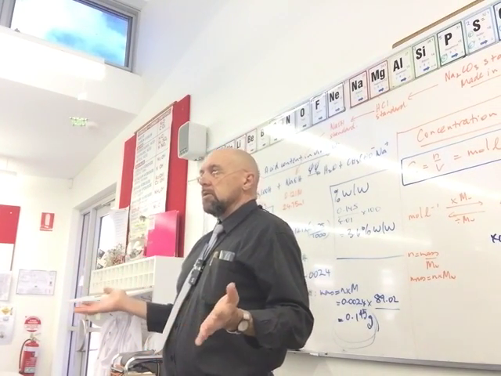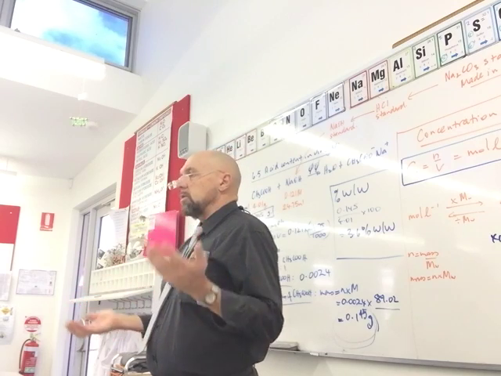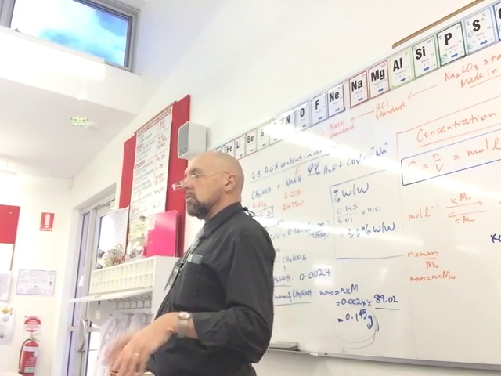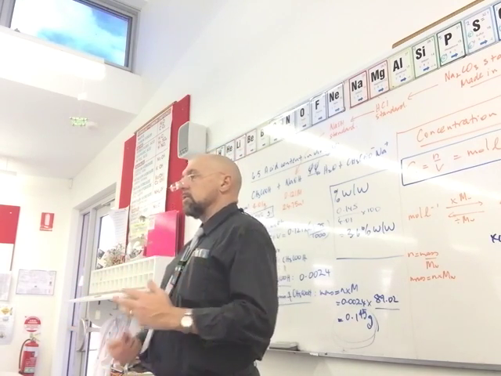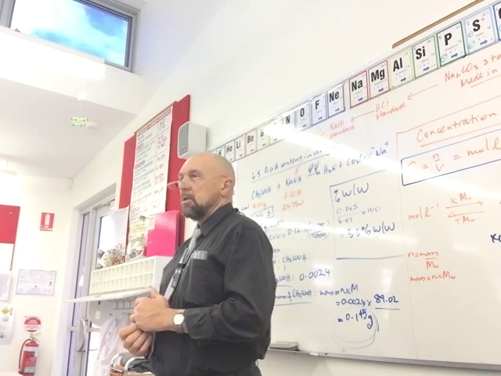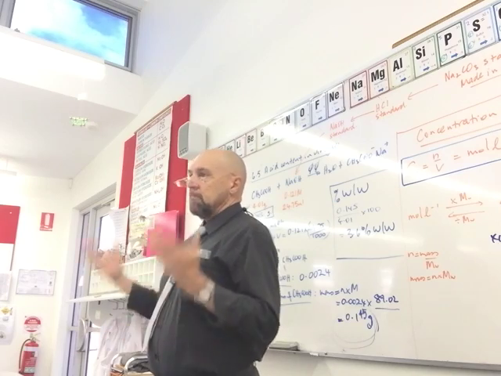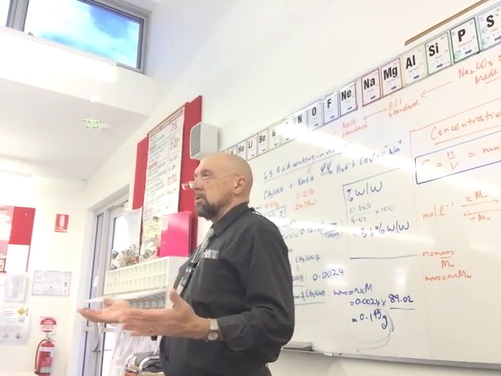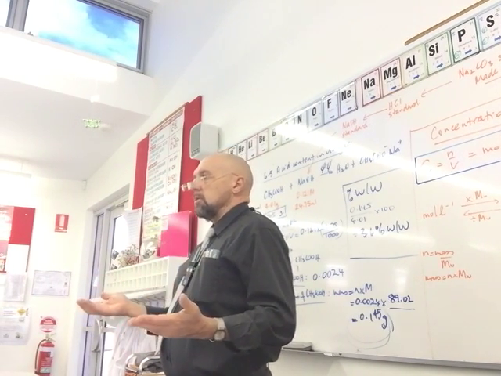But the question was, which one do we use? Do we use this mass or do we use the other mass to do the calculations? It's a good question. I thought I went through it last week, but maybe I didn't. We've got different masses. We've done 2 titrations. So which calculation do I do?